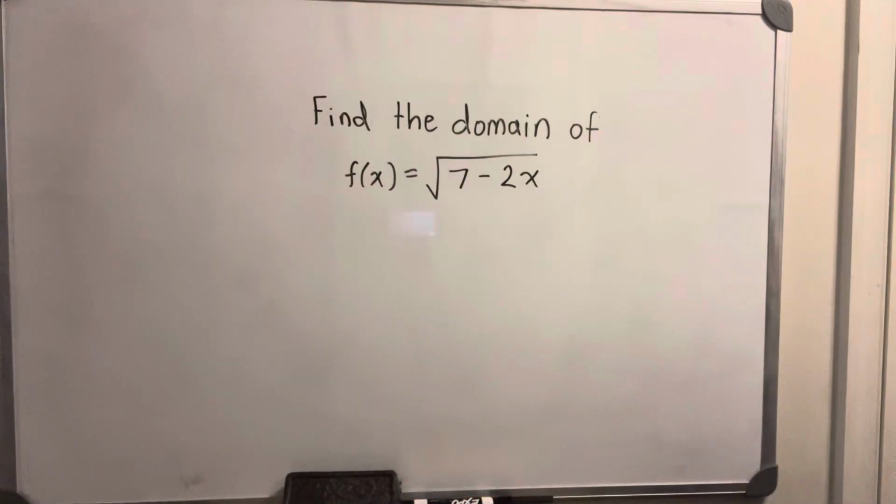This problem says, find the domain of f of x equals the square root of 7 minus 2x. So with domains, you need to find out the set of values for which this function is defined, which values are valid input values.